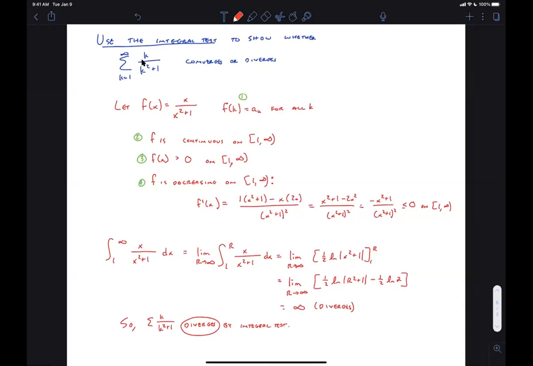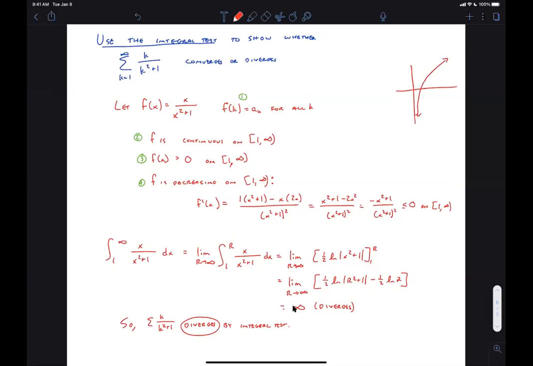And then somebody's asking, can I explain why it diverges some more? Sure. So if you look at the limit as r goes to infinity here, infinity squared plus 1 is infinity. Natural log of infinity is infinity, and we know that because the natural log graph looks like that. So it goes to infinity on the right. And then 1/2 of that is still infinity, and infinity minus a constant is infinity.